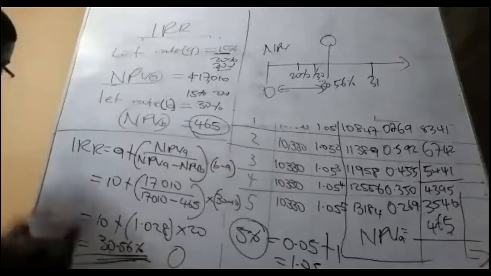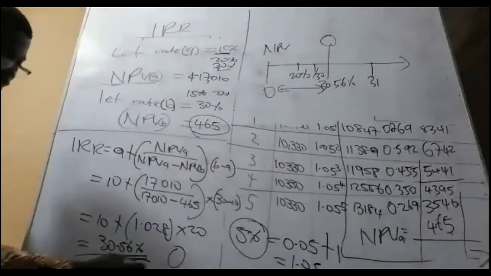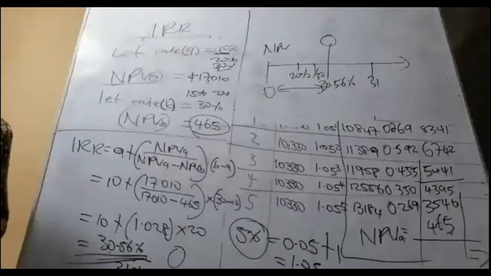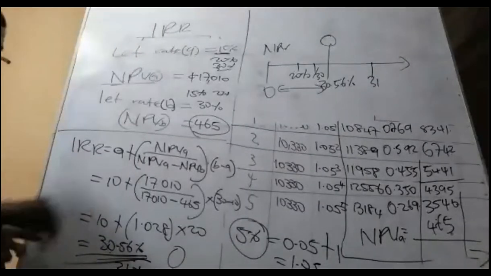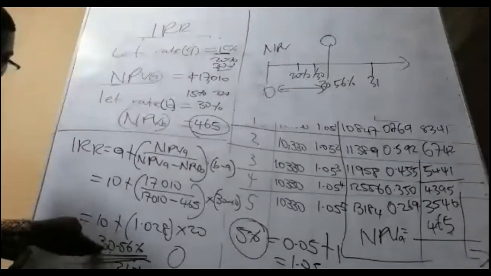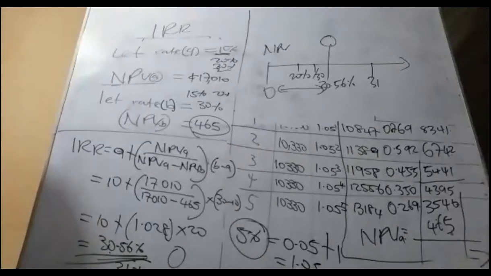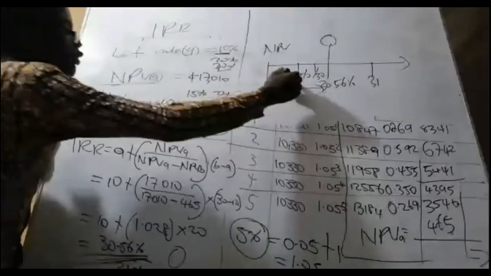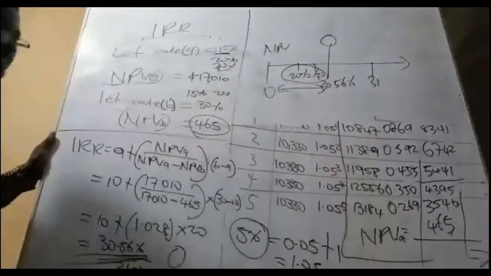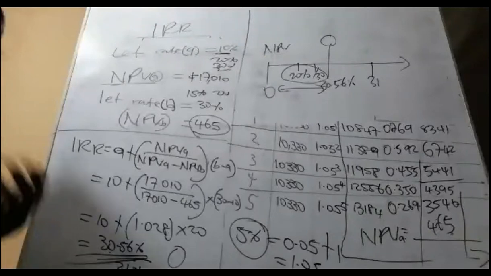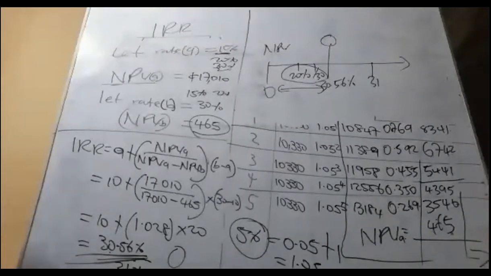And then the next day use 31%, you get negative. Good. So if the company's discount factor or cost of capital is within 0 up to 30.56, then they should accept the project. Like we said in the example, if their cost of capital is 20%, then at least we have some marginal gain of 10%, so we should accept the project. Good. So that is it.